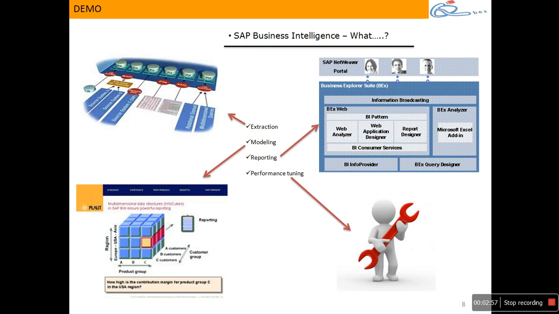In BW, you will have something called BEx Query Designer, through which you design a query, and this query should be integrated into the BO environment. That's the best way of doing it. If you know BO, there's something called WebI which can directly talk to BEx queries. You don't need any universe here.